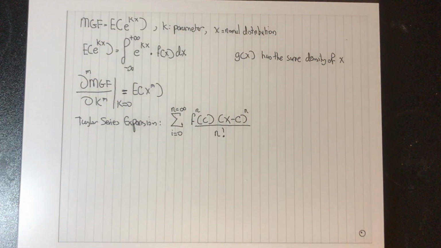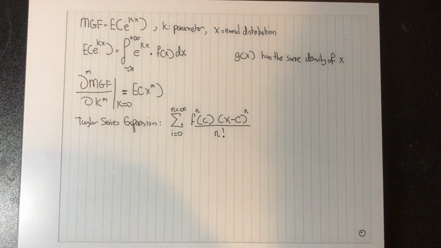And that is the famous Taylor series expansion. All it's doing is approximating the function, which in our case, what we were trying to do is approximate the moment generating function.